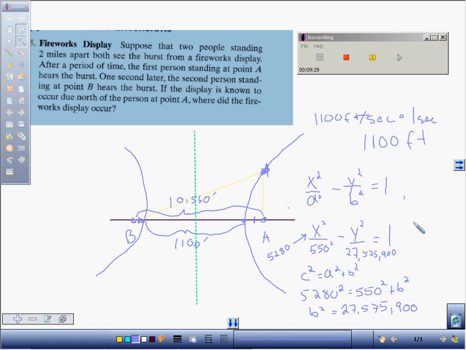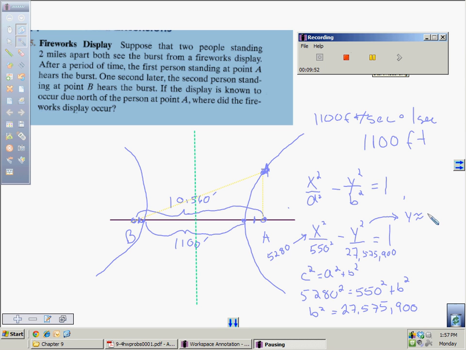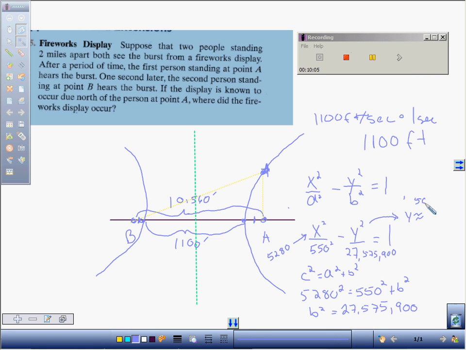Once I plug that in, I'm not going to do the math, I get out that y is about equal to 50,138 feet.